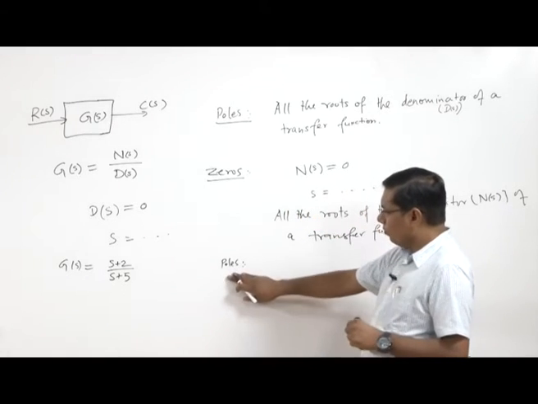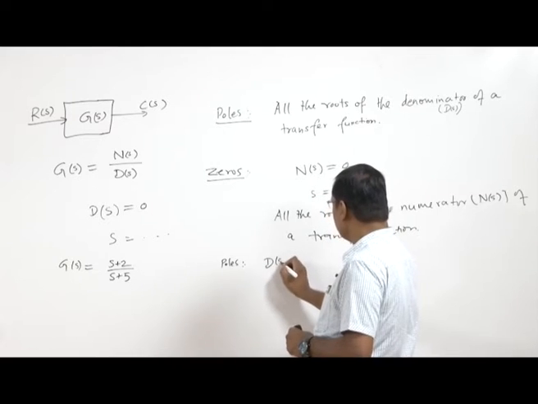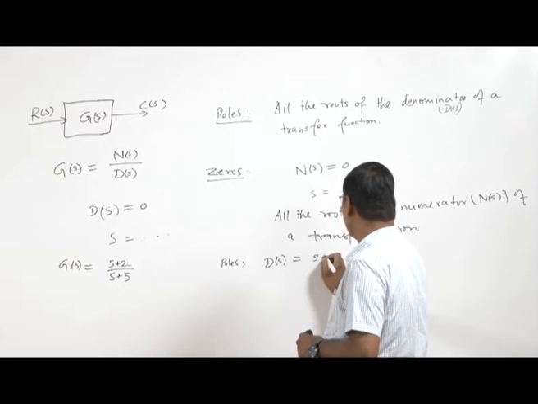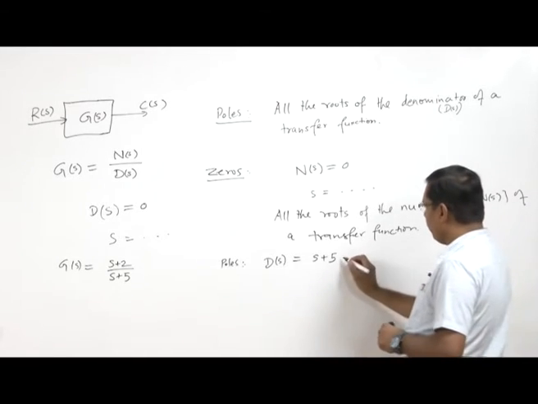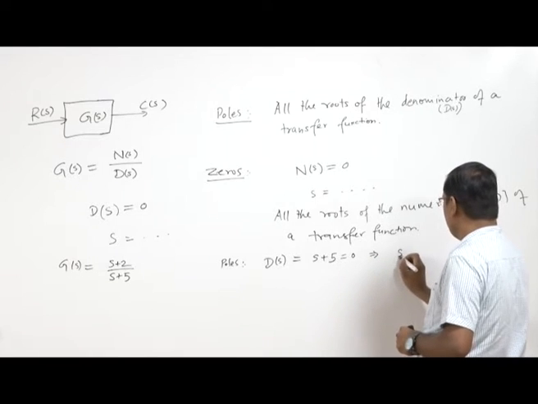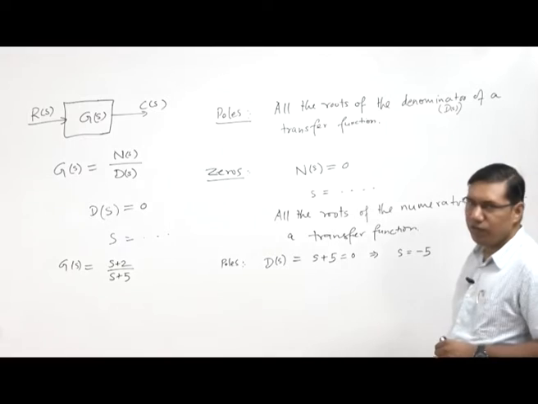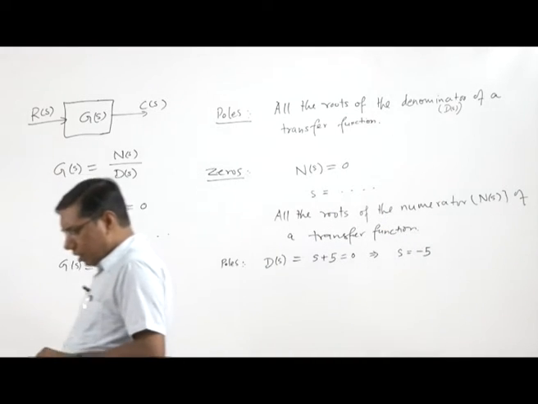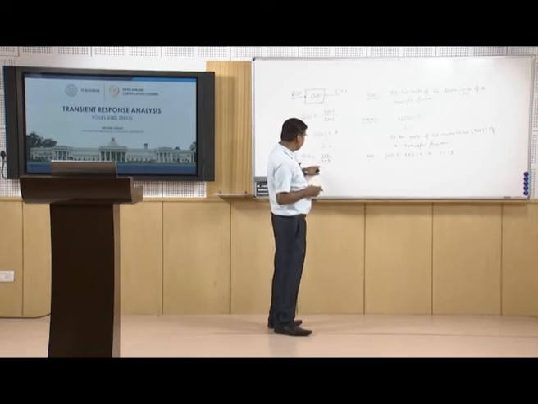To calculate the poles, the denominator D(s) equals s plus 5, and that equals 0. This implies that s equal to minus 5. So s equal to minus 5 is a pole of the transfer function.